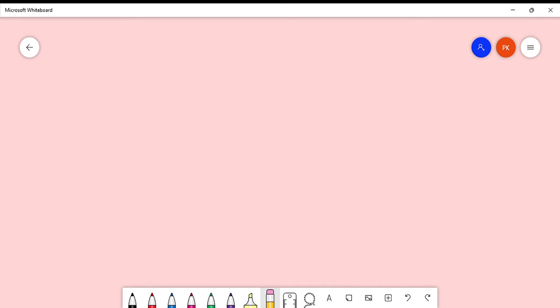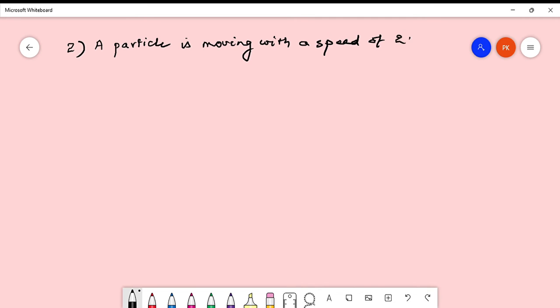So let us come to the next problem here. Second problem, a particle is moving with a speed of 20 meters per second in the direction 28i plus 96j.